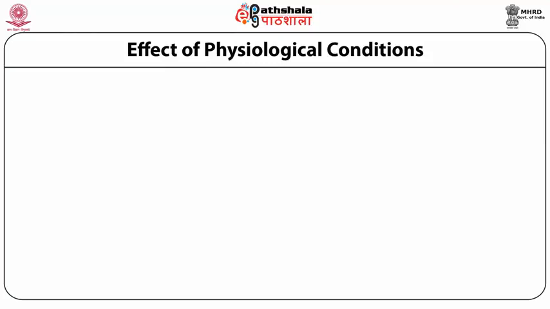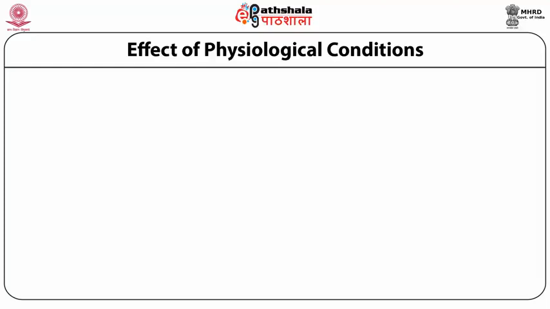In the just preceding section, we had tried to understand what the drug-related properties are which will have a direct bearing on the behavior of the parenteral controlled drug delivery system. We would now, in this succeeding section, try to understand the effect of the physiological conditions on the behavior of the parenteral controlled drug delivery.